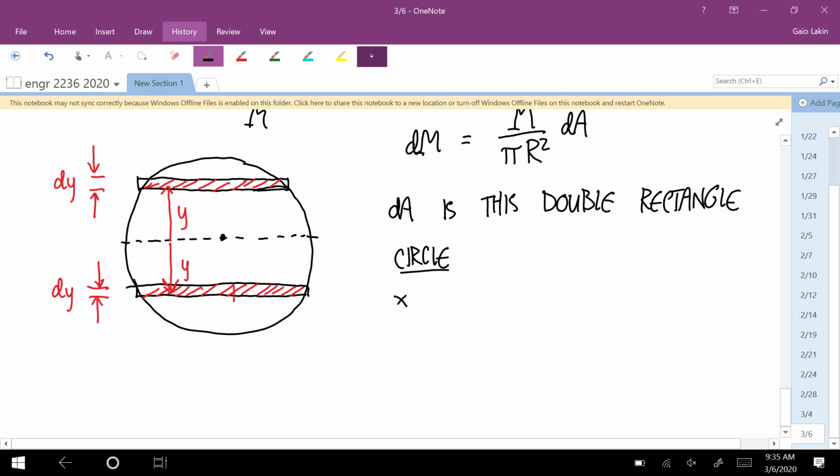X squared plus y squared is equal to, yep. Okay, so that means that x is equal to plus or minus square root of big R squared minus y squared.